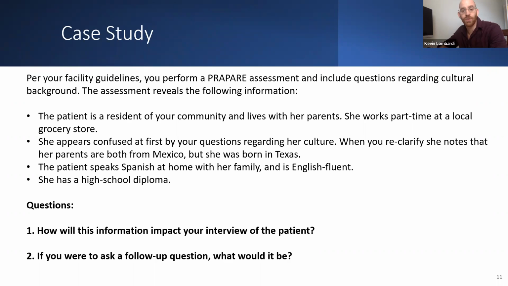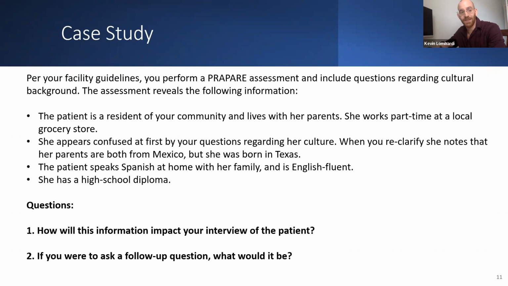She appears confused at first by your questions regarding culture, kind of like when Joshua mentions it takes 30 seconds to answer, something like that. When you re-clarify, she notes that both her parents are from Mexico, and that she was born in Texas. The patient speaks Spanish at home with her family and is fluent in English. She has a high school diploma.